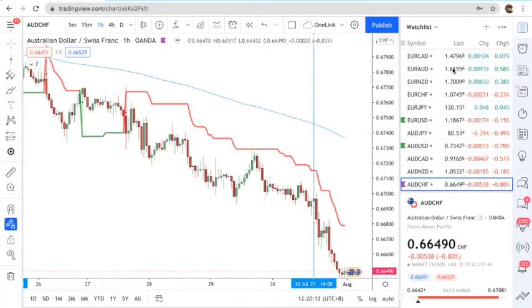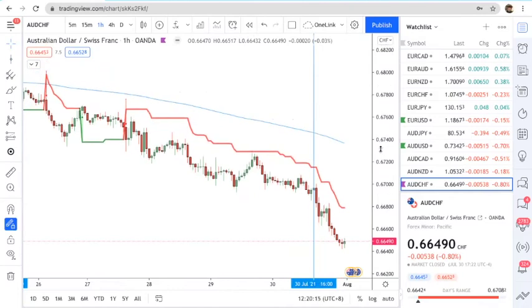Okay, I already marked that. So this is the Australia Swiss chart on 1 hour. What is the indicator giving us? Below the EMA, isn't it? And what is the super trend giving me? Sell.